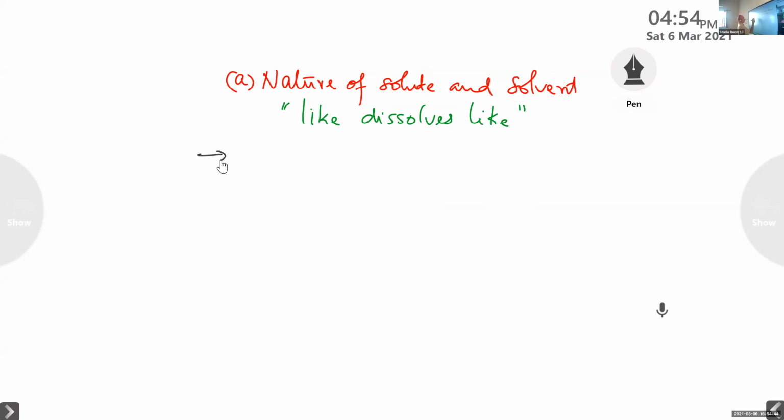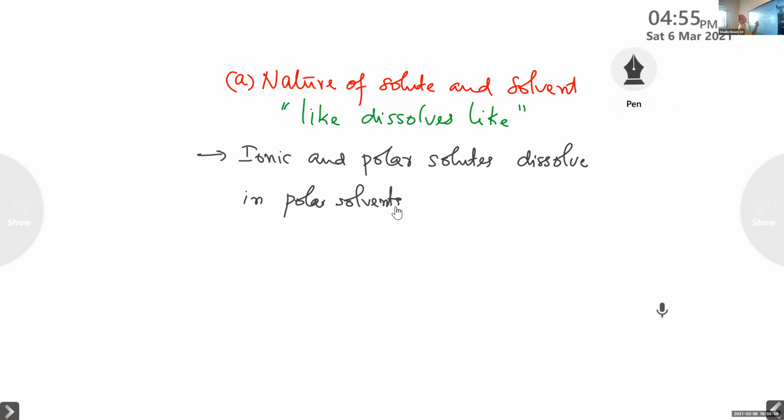Ionic and polar solutes dissolve in polar solvents, for example, water.